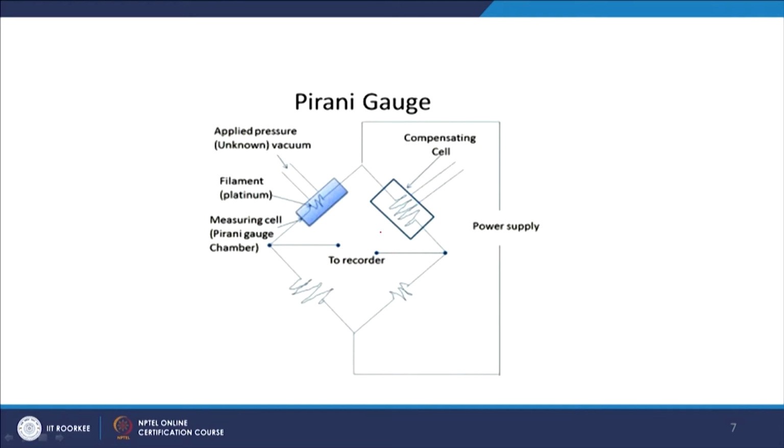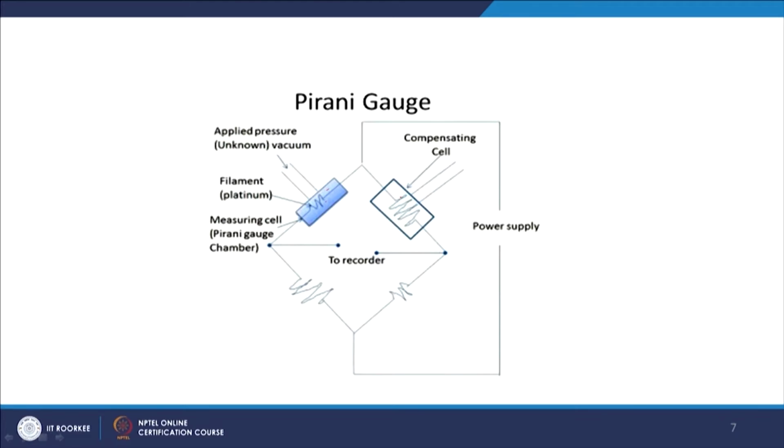So, a similar kind of circuit we are using here with some changes. Here we are using a platinum filament which is attached to the unknown pressure or the vacuum system, and there is a measuring cell inside this chamber, which is called the Pirani gauge chamber.